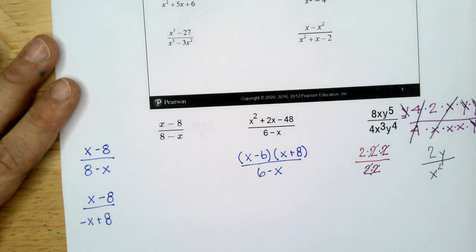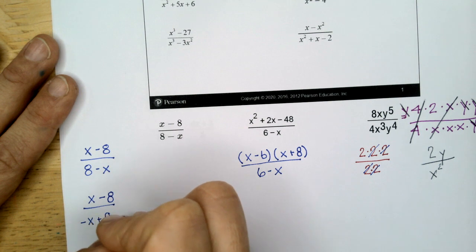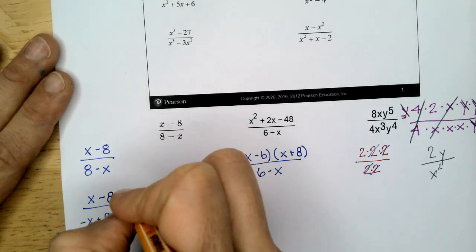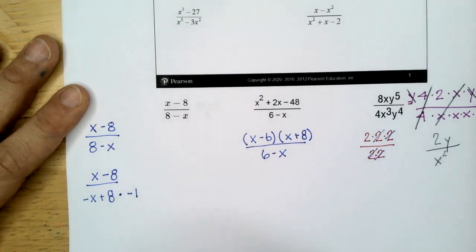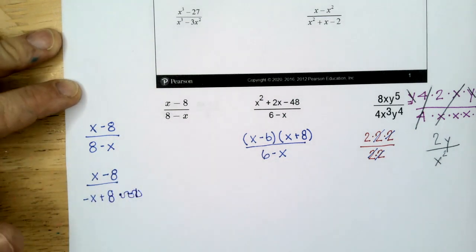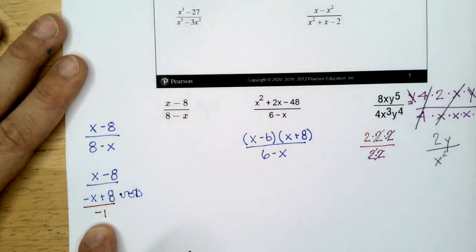What I need to do is multiply times a negative 1. If I multiply the bottom times a negative 1, ooh, no, you know what I'm going to call it? I'm going to call it factoring out a negative 1, because that's what we've been doing in previous classes. I'm going to factor out a negative 1 just from the bottom.